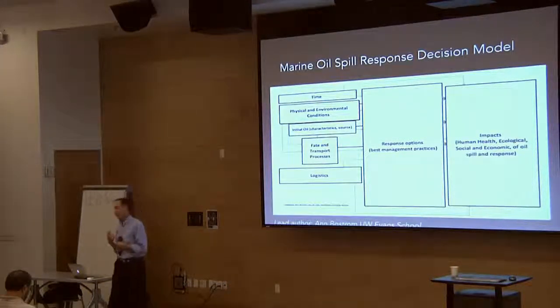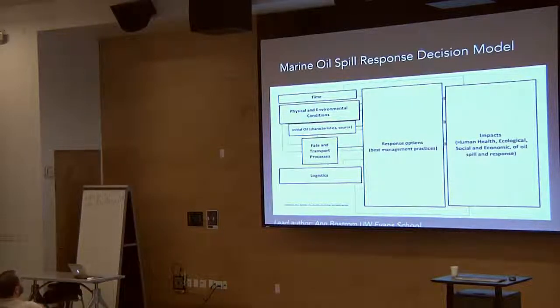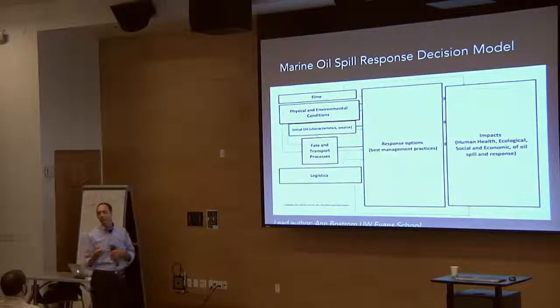So we're going to start off with a little bit of a complicated diagram. There's not going to be a test at the end, so you don't have to worry about that too much. But this is an approach called mental models. It's research that's done by Dr. Van Bostrom, who's in the Evans School here. She thinks about this in the context of public policy. And I just put this up to illustrate that response to oil spills is complicated.